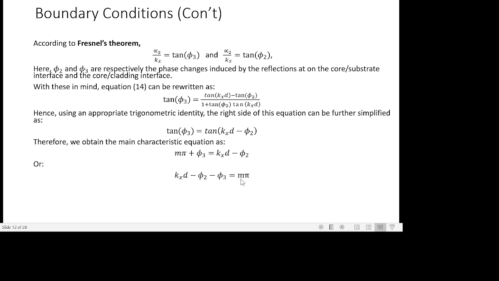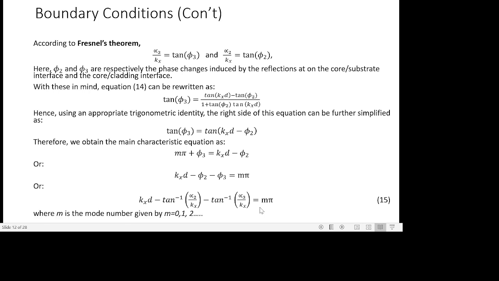We got this equation. We have to make sure the left side of the equation is equal to m pi, and if we substitute v2 and v with the expressions from here, we get this one.